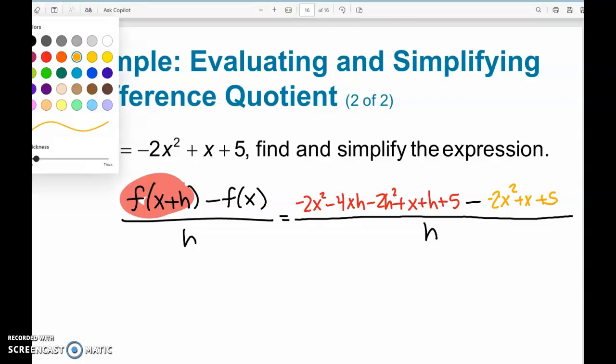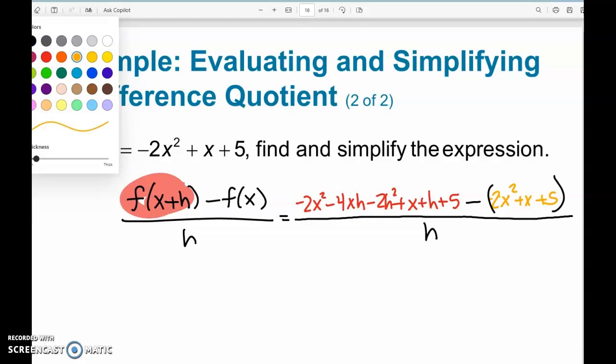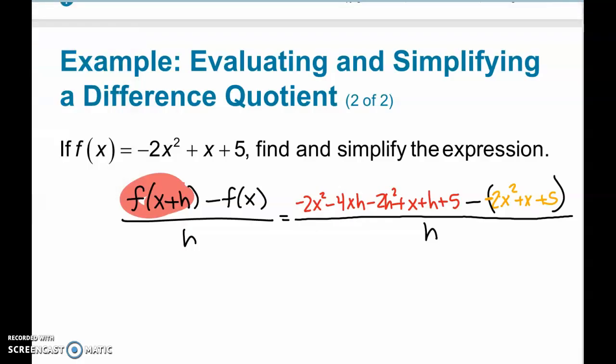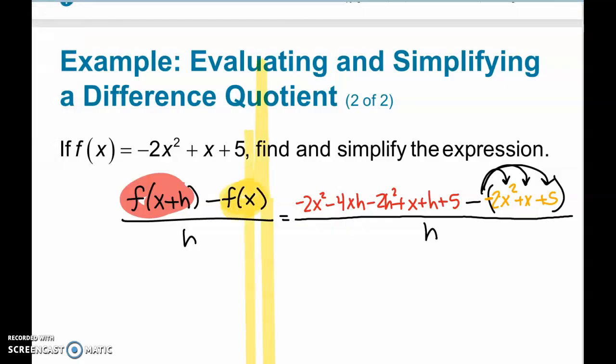Remember, put those parentheses in because you have to distribute that negative sign. This negative sign here gets distributed to each term. So whatever the term is, if it's positive, it's going to change to a negative sign. If it's negative, it's going to change to a positive sign. So this part here is going to be replaced with f of x.